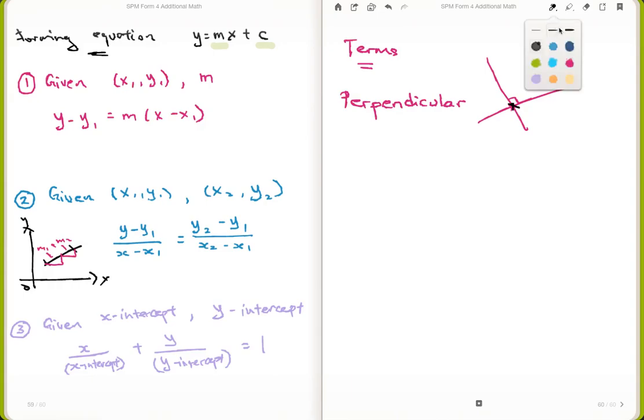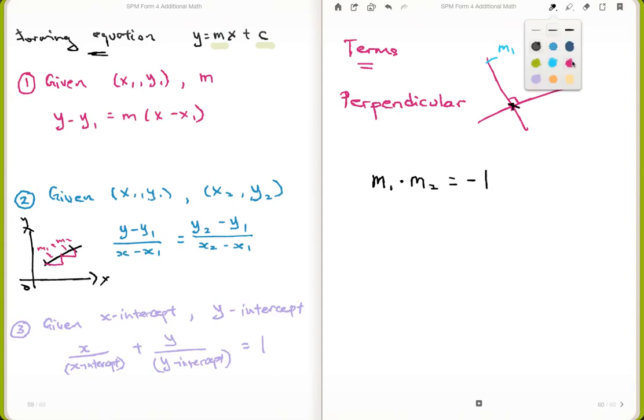What does it tell? That you have a gradient. Maybe this is my m1 gradient, and this is my m2 gradient. What is so special about perpendicular, this term, this word, as terminologies? What is so special is they want to tell you m1 times m2 is basically equal to -1.